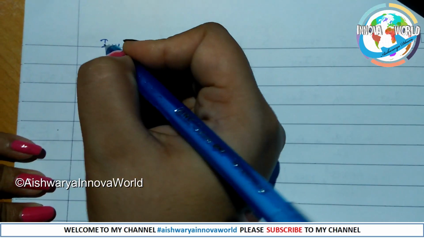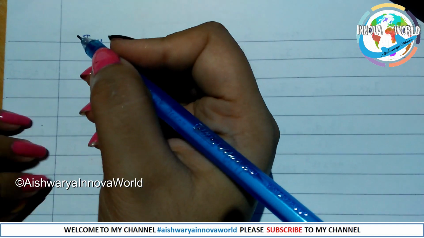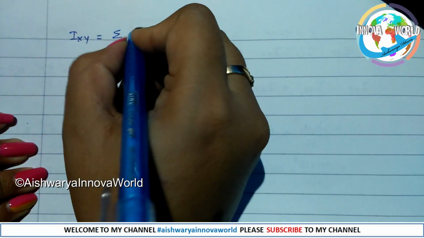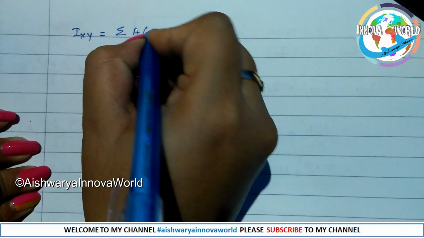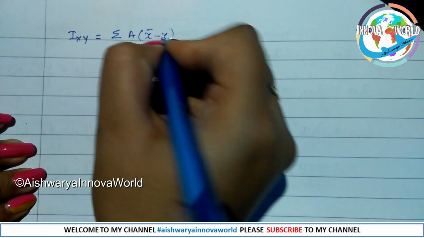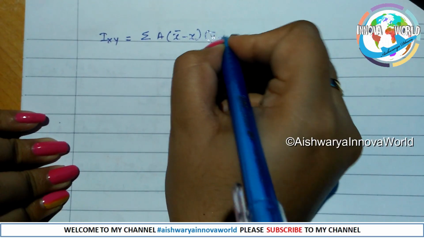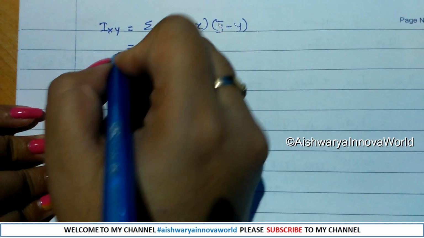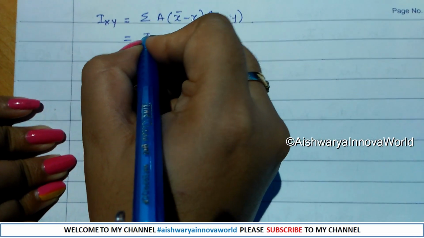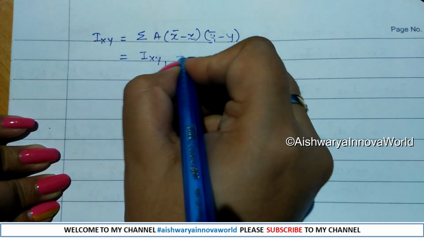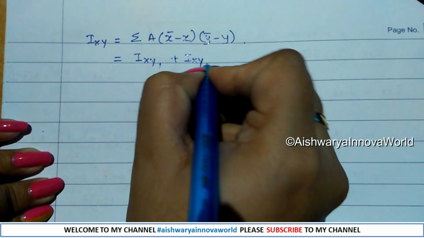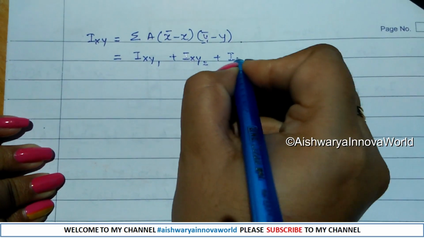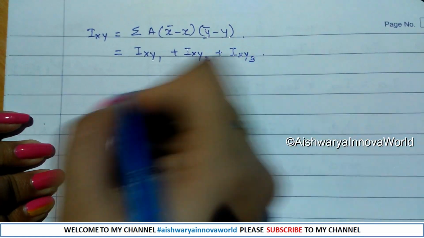Now find Ixy, that is the product moment of area. What is the basic formula? A (x bar minus x) into (y bar minus y). Now we have three nodes according to this problem, so we have to write Ixy1 plus Ixy2 plus Ixy3.